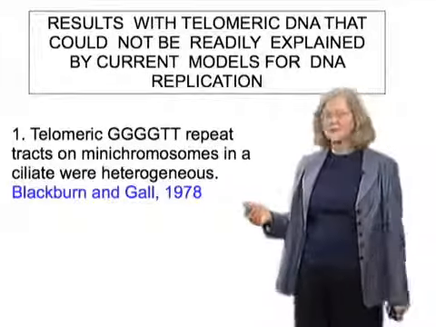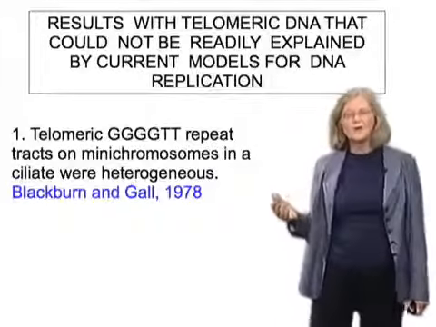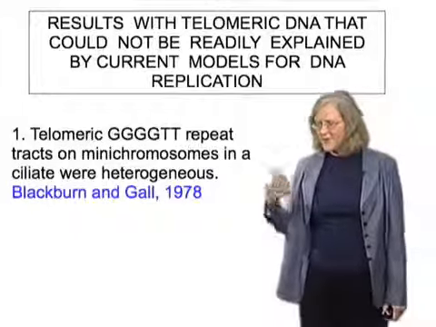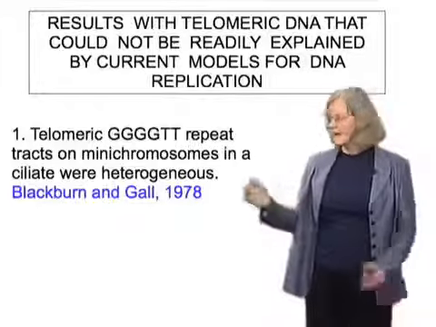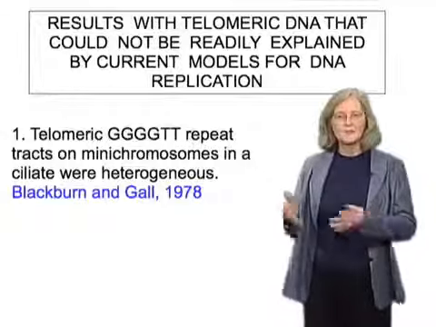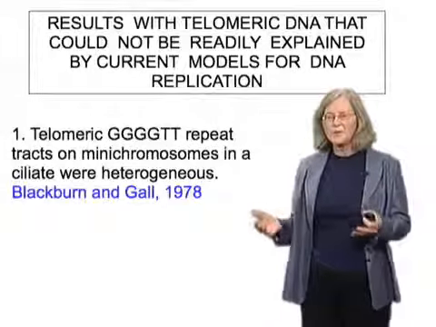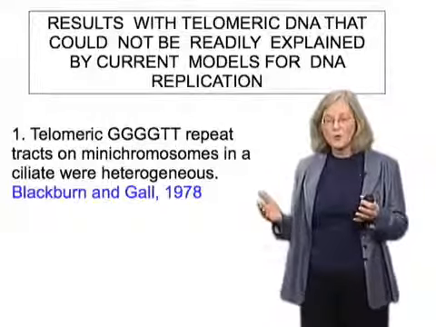And heterogeneous in this setting means these were different in number. So some copies of the mini chromosome would have 20 repeats on the end. Some would have 50, some 49, some 82, some 53. They all had different numbers of repeats in a more or less normal distribution.